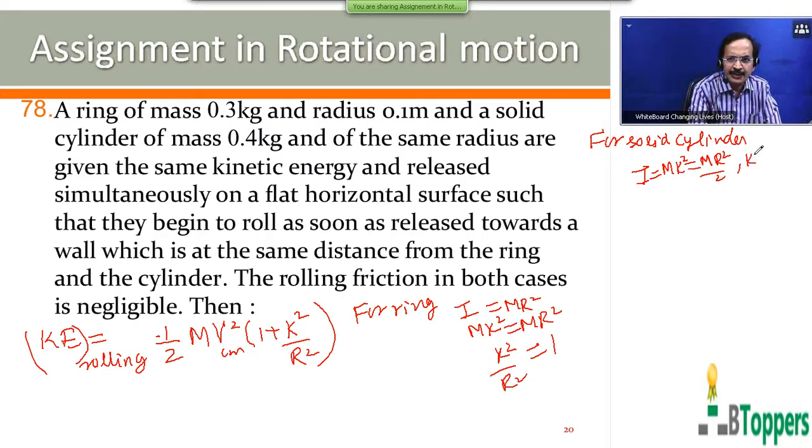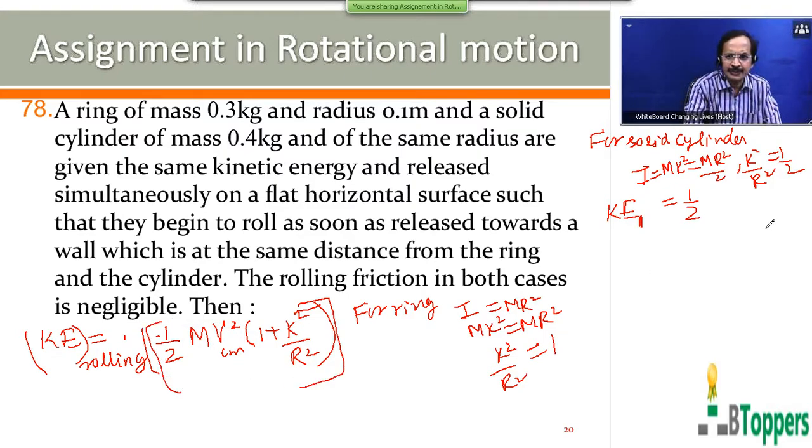So k square by r square will be equal to 1 by 2. So the kinetic energy of the first body, that is the ring, I denote by KE1, is half m v square into 1 plus k square by r square. K square by r square is 1. I'll continue my discussion next class. I will discuss this problem again.